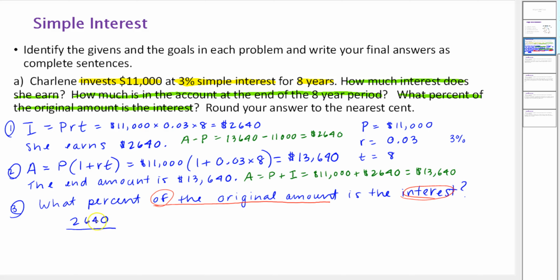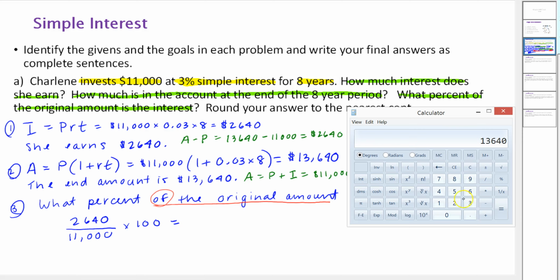Okay, so that's how much we earned in interest, and we want to compare that multiplicatively to how much we originally invested. So this is telling us a percent, the percent of our original investment that equals the interest. And then to write this as a percent, we're going to divide this and then multiply by 100 to change it to a percent.